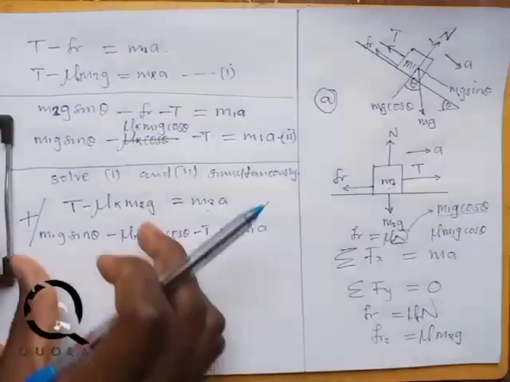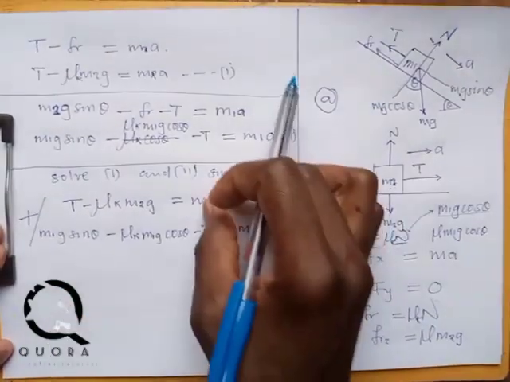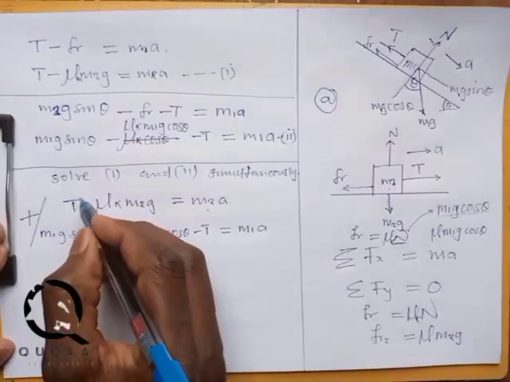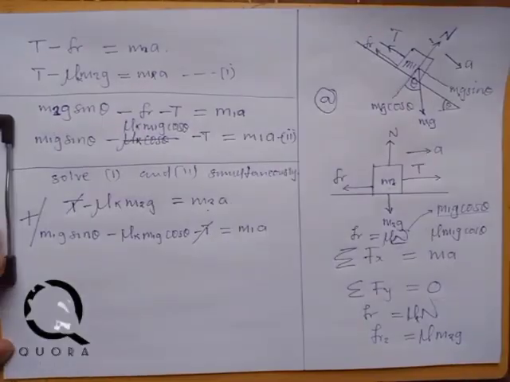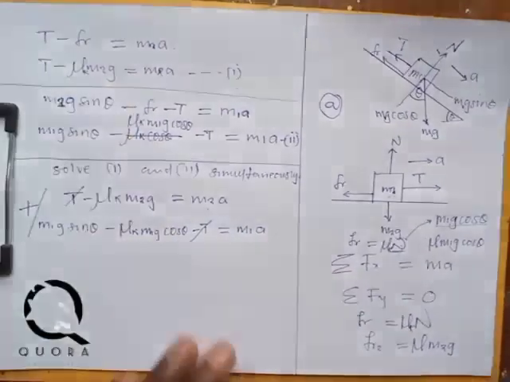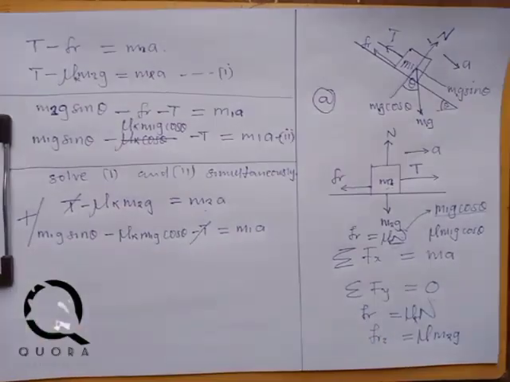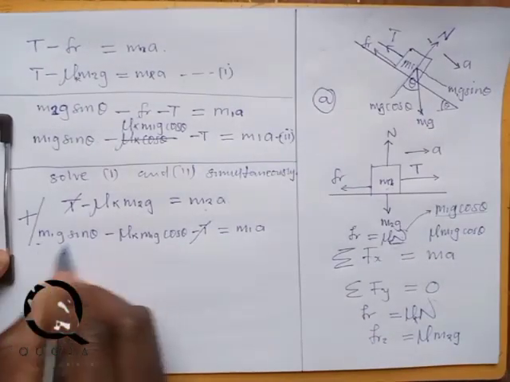Trying to add, you add what is on your left hand side and also what is on your right hand side. You understand that the tension can just go, because this one is having positive and this one is having minus. So I'll start with the one which is positive.